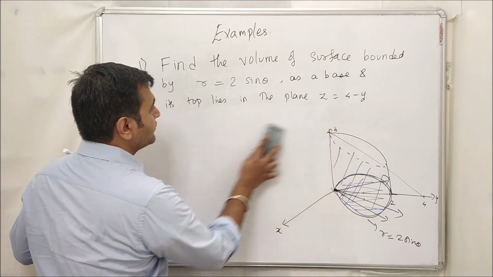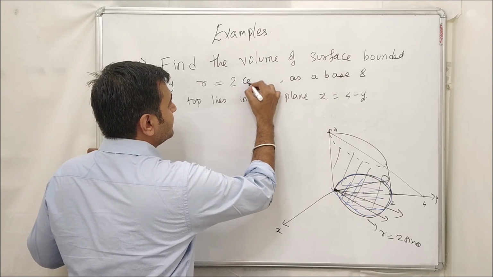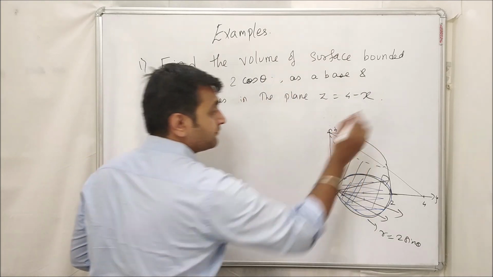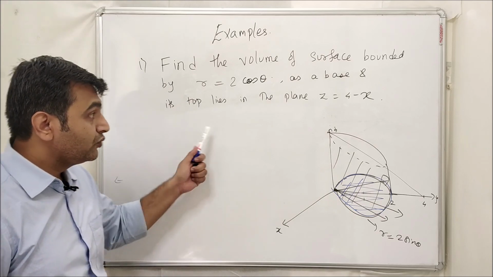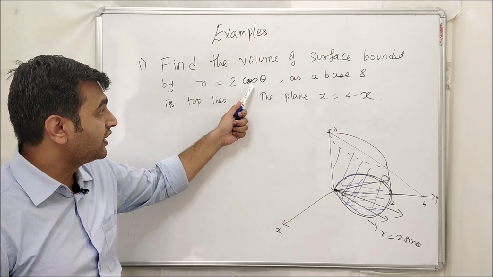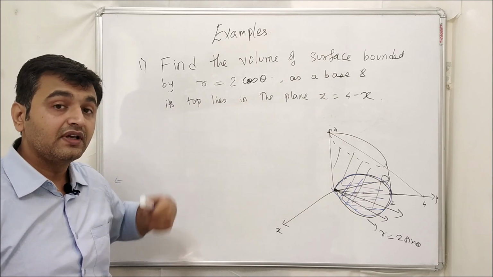The second homework I would like to give you is, take this to be 2 cos theta. Okay, and take this to be 4 minus x. Now we do the same thing. You try to sketch the region. Now here you are having cos theta, so you will have x upon r, and therefore the center now will lie on x-axis.